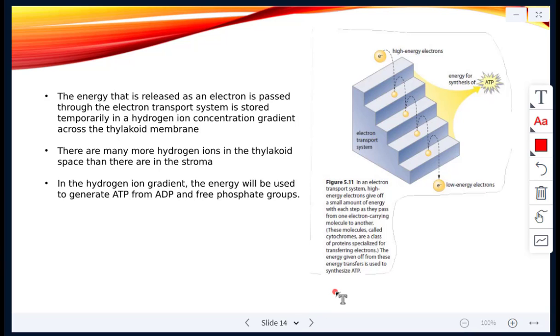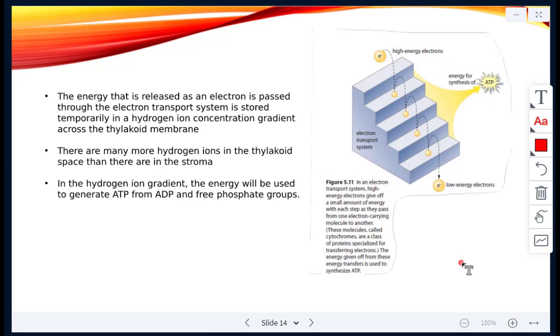All right, this is just another diagram showing that electron transport system. So the energy that's released as an electron is passed through, so it's passing through like this. It gets stored temporarily in a hydrogen ion concentration gradient across the thylakoid membrane. There are many more hydrogen ions in the thylakoid space than there are in the stroma.